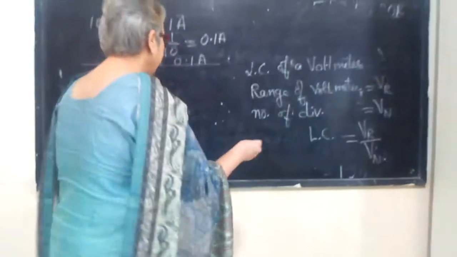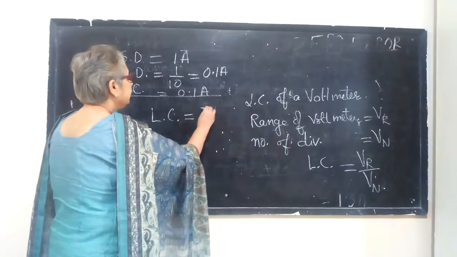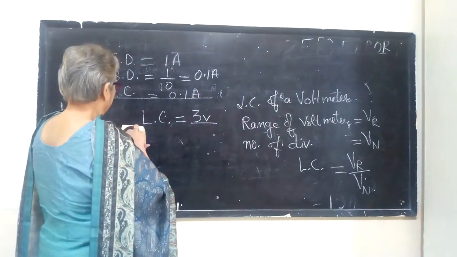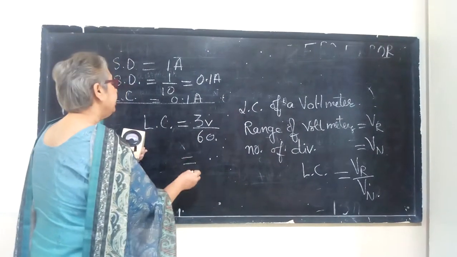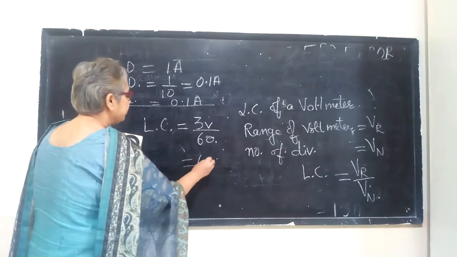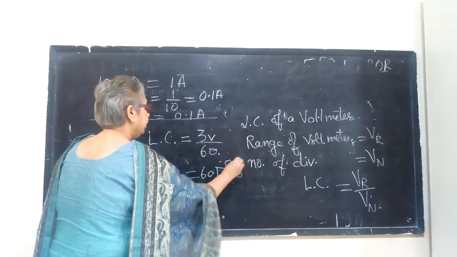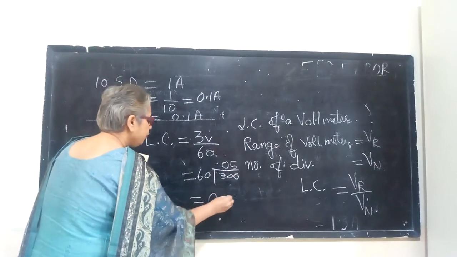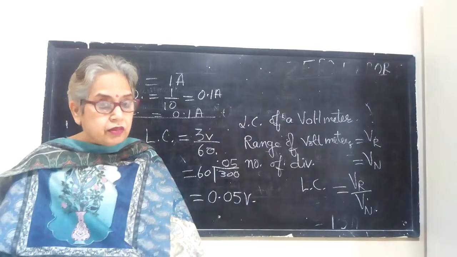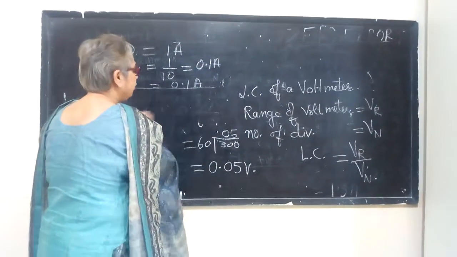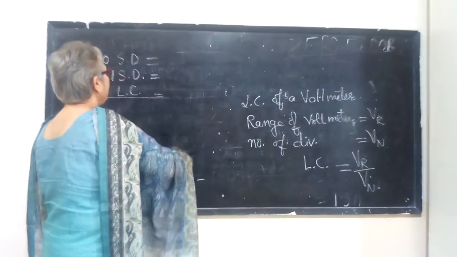So, either you find like this, that least count is equal to 3 volts divided by the number of small divisions, 1, 2, 3, 4, 5 and 6, 60 small divisions, right? So 3 by 60, so it is 0.05 volts, okay?